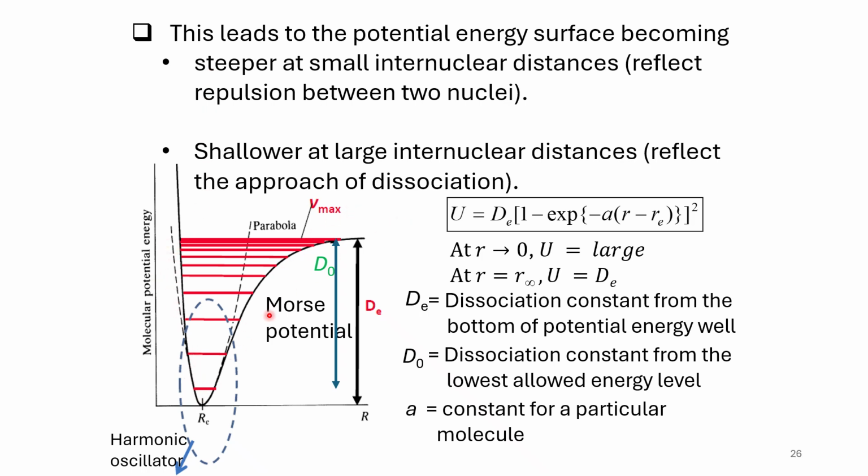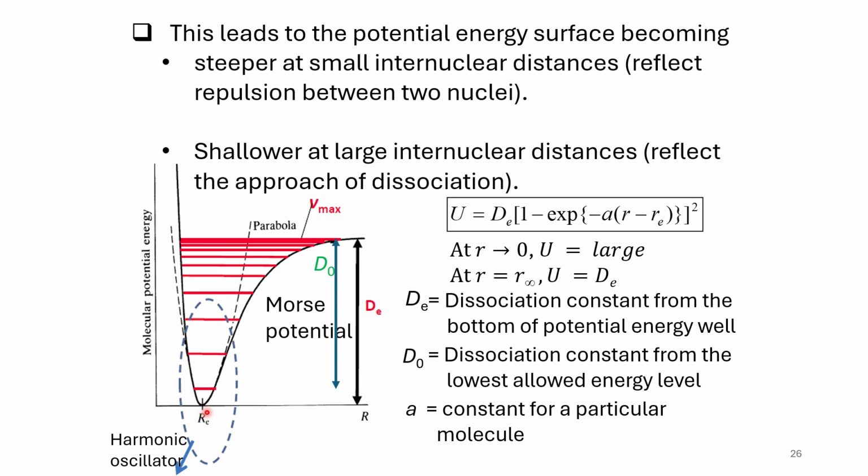So in this graph here, you see two types of lines. One is the solid line, another one is the dashed line. The solid line represents the Morse potential energy curve, whereas the dashed line corresponds to the simple harmonic oscillator potential energy. Molecules are never at the very bottom of this potential energy well.